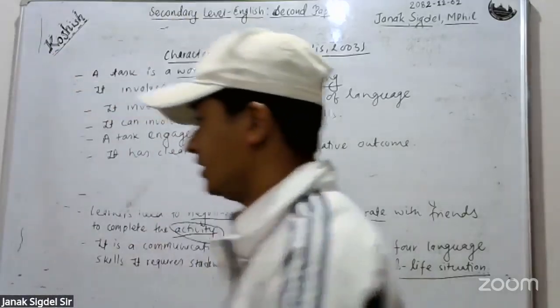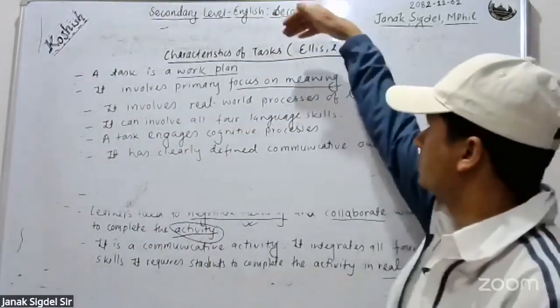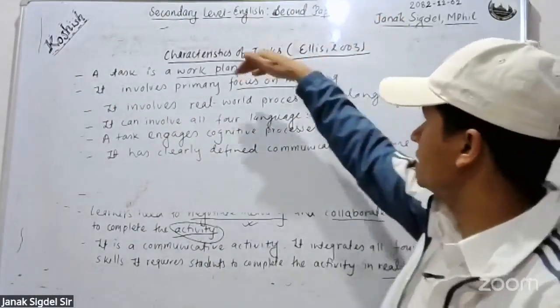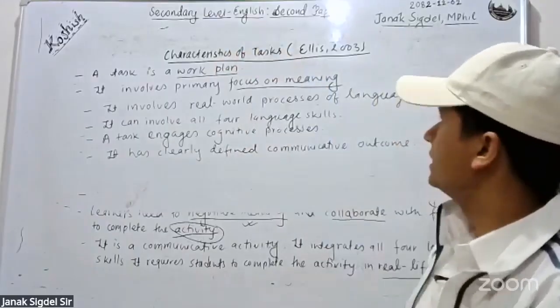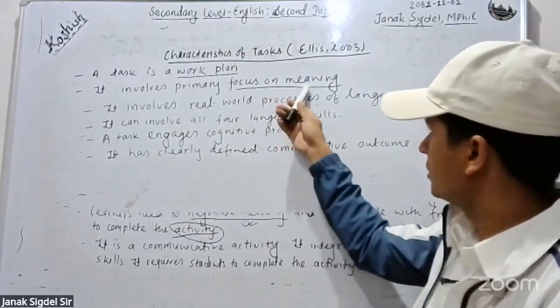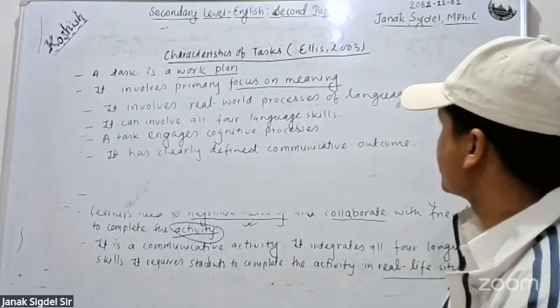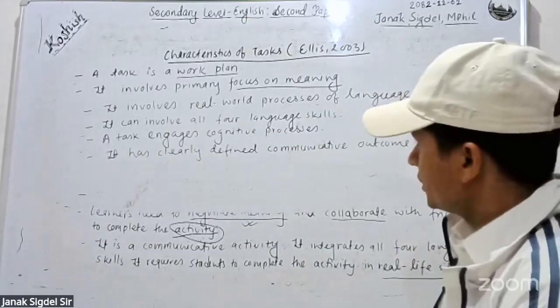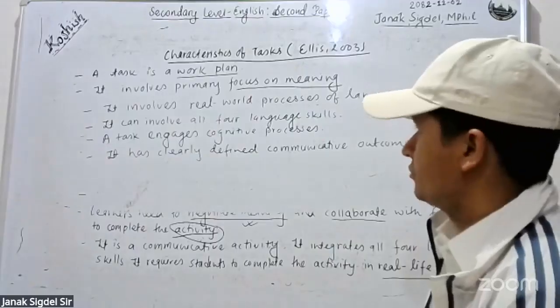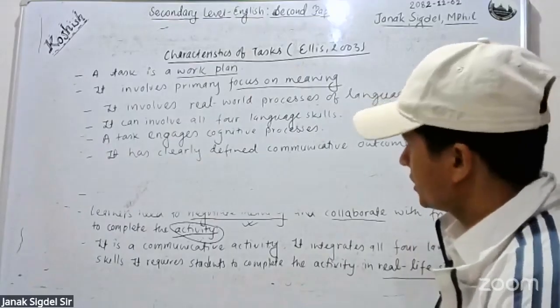Let me clarify the concepts now. According to Ellis 2003, a task is a work plan and it especially focuses on meaning rather than on form. It involves real world processes of language. So it uses the language from real life situations.